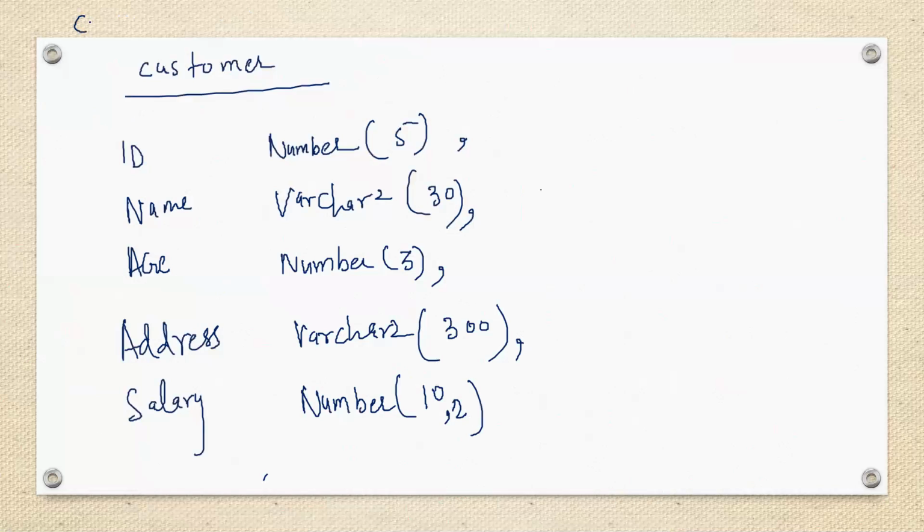For creating the table, the syntax goes like this: create table customer, opening parenthesis, column name, its data type, comma, column name, its data type, comma, and so on. In the end, closing parenthesis ended by semicolon.